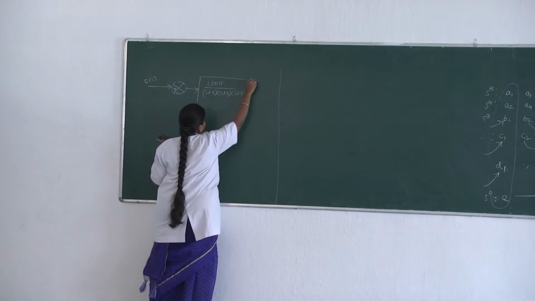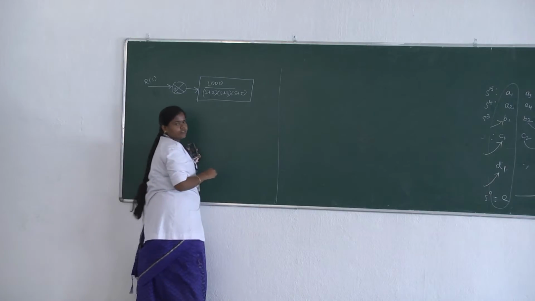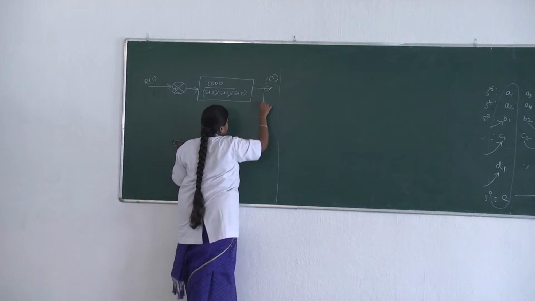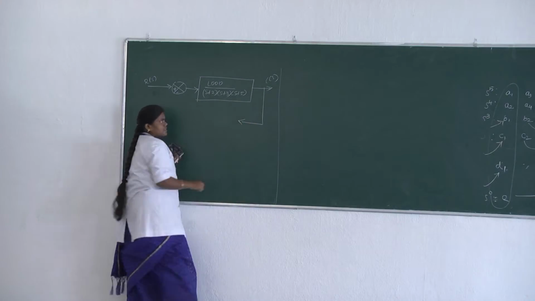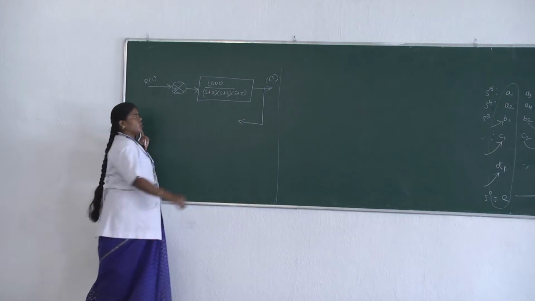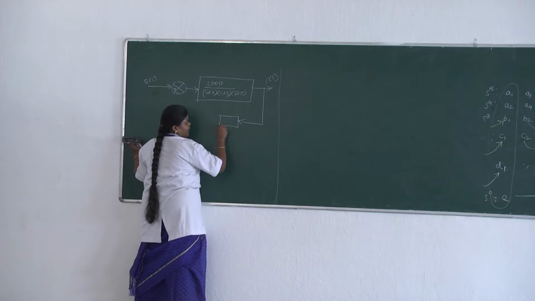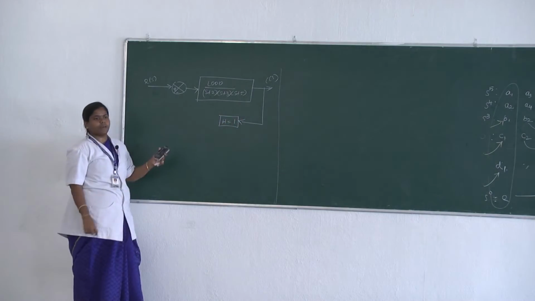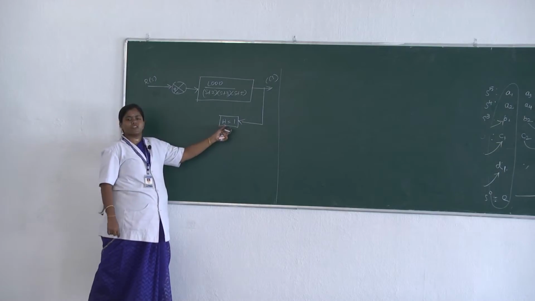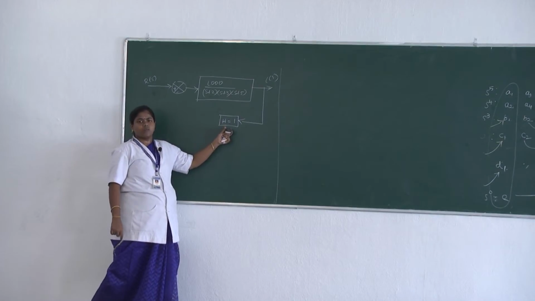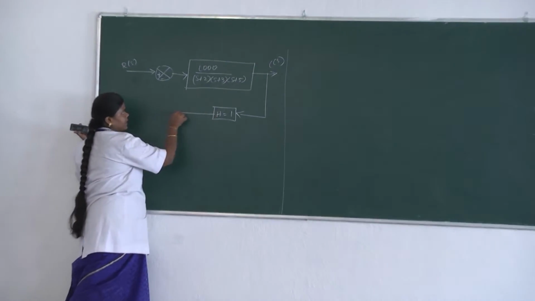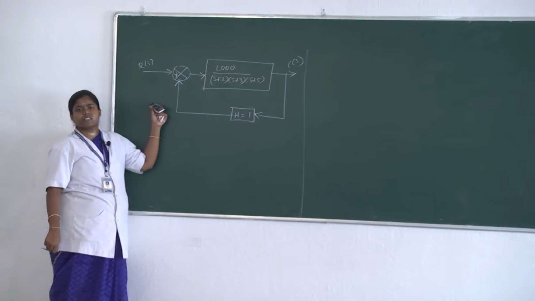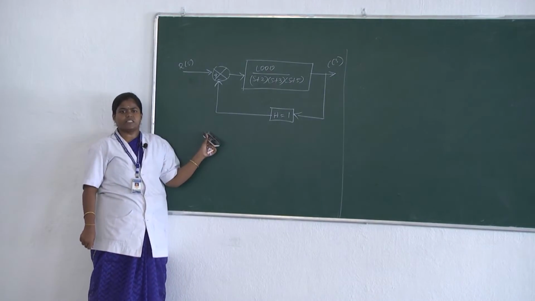This is the transfer function of the plant which we have designed, and let the controlled output be C of S, and let the plant be sensed by a sensor of feedback H equal to 1. This is considered a unity feedback system, hence the transfer function of the feedback is given as 1, and it is a negative feedback, and for this system we have to find the transfer function.